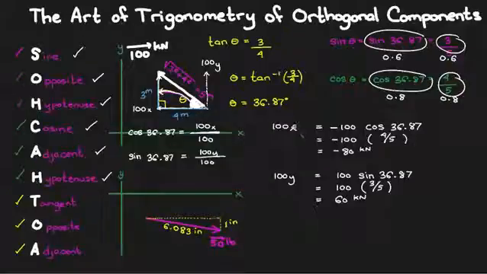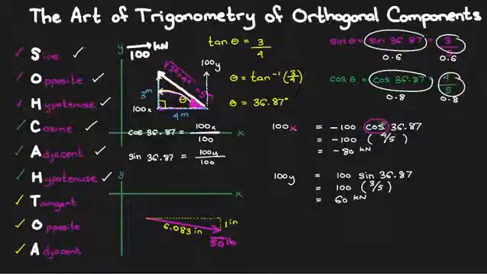And let's look at this again. The x component of the 100 kilonewton vector is the component that is adjacent to 36.87. Since I already know what the hypotenuse is, all I have to do is use the cosine definition.